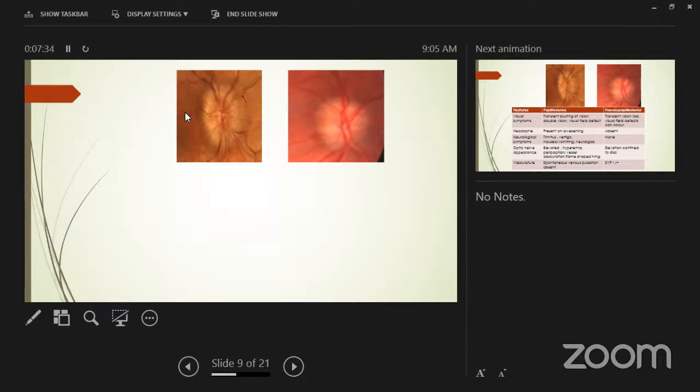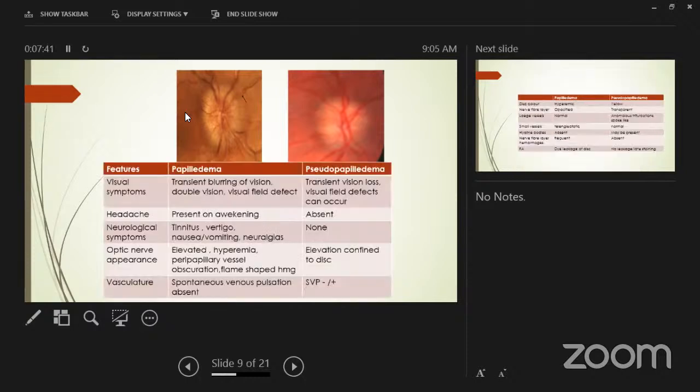Okay, so here we have to differentiate between these two images. The first one is papilledema and the second one is pseudopapilledema. What are the differentiating features between these two images? In papilledema, we'll usually get a hyperemic disc, blurring of the disc margins, obscuration of the vessels, and in addition, peripapillary nerve fiber layer thinning.